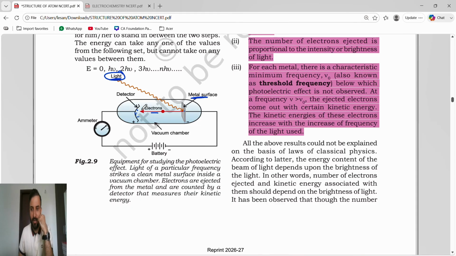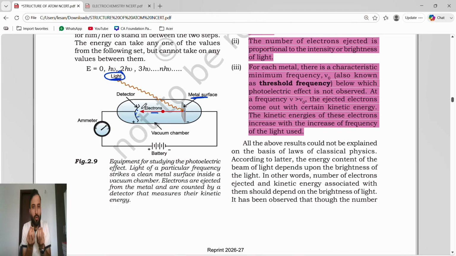Now, a very important thing we have to know here: I am hitting a metal surface with a ray of light, or we call it a beam of light. Will it be possible that every electron will come out? No sir. See here, suppose 10 students are there in a class, and I am scolding everyone with the same frequency.